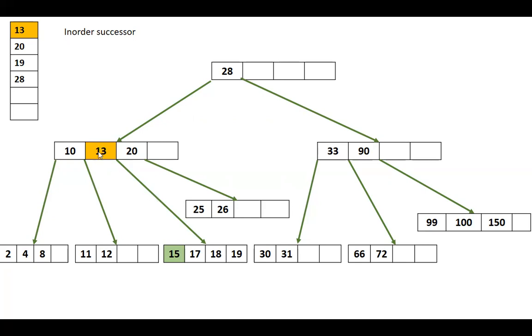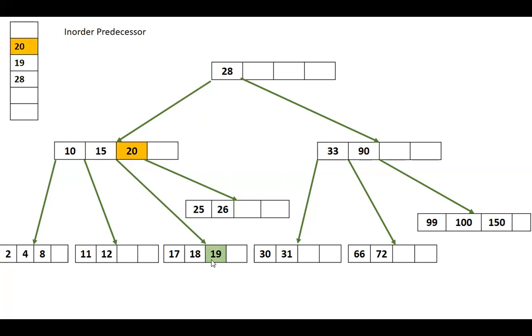When you look at its in-order predecessor, it does not have an extra key. It has only the minimum required keys. So you go for its in-order successor. Now, the in-order successor has extra keys. Whenever you are replacing with the in-order successor, it is always replaced with the minimum key. So 15 will move up and 13 will be deleted. Fine. 15 is moved up, 13 is deleted. Is it fine?